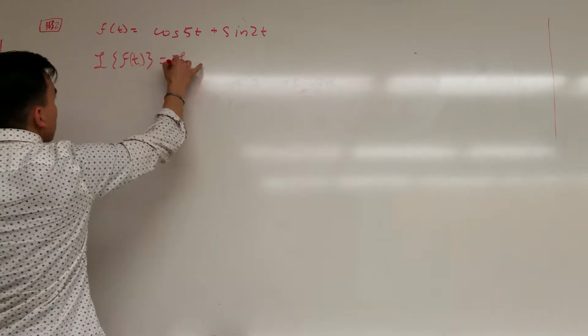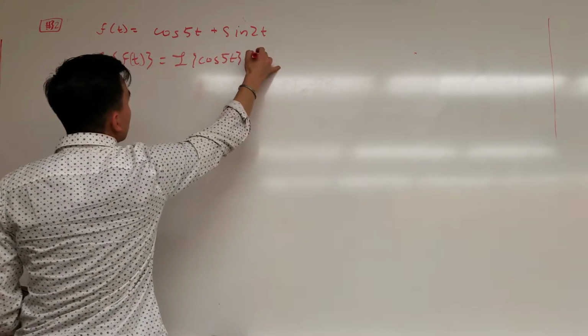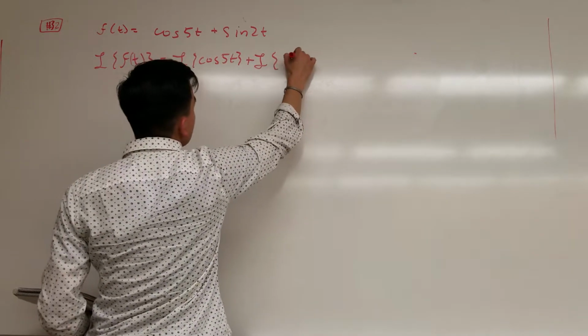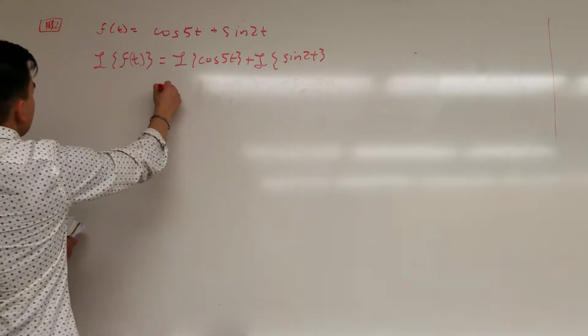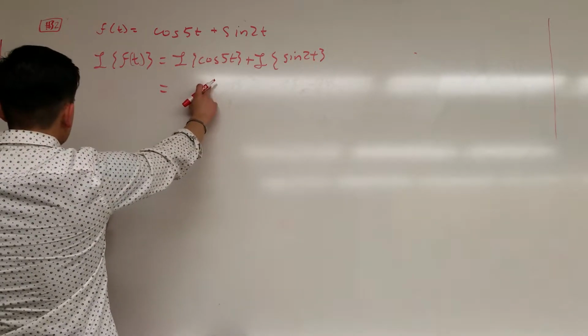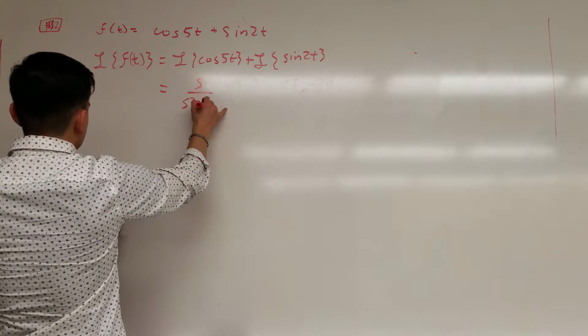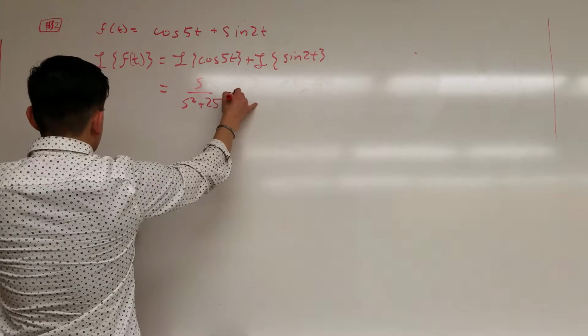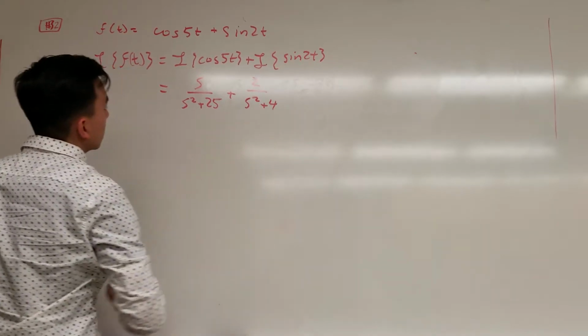And the Laplace of cosine 5t plus the Laplace of sine 2t. Okay, well, that's going to be equal to s over s squared plus 25, plus 2 over s squared plus 4.